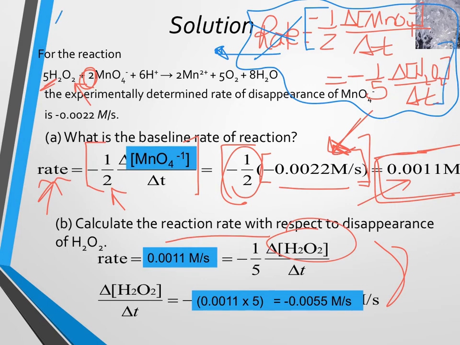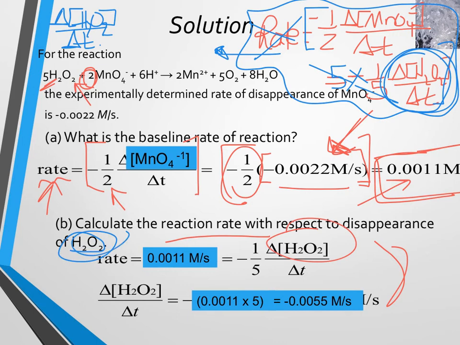you would get the change in concentration of hydrogen peroxide over time is, now if I multiply both sides by 5 so that I can get it in terms of hydrogen peroxide, which is what the question is asking for, okay. So multiply both sides by 5, that would give me 5/2 times whatever the value was for the change in permanganate ion.